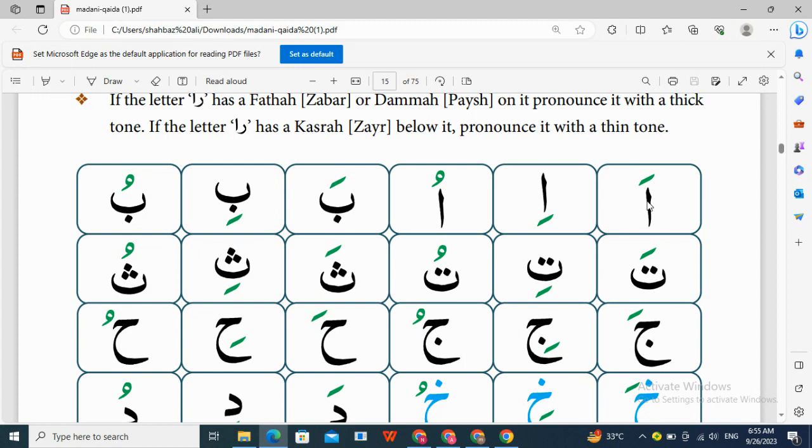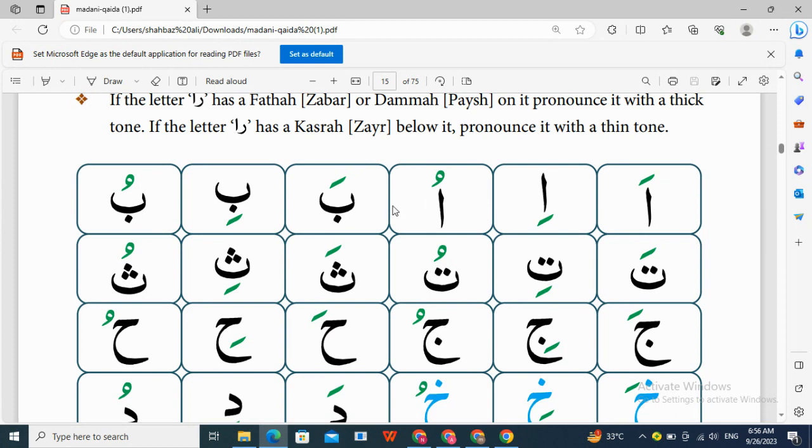Hamza zabar a, hamza zer e, hamza pesh u, a e u. I already said that haraka is read without stretching or suddenly pausing the voice.